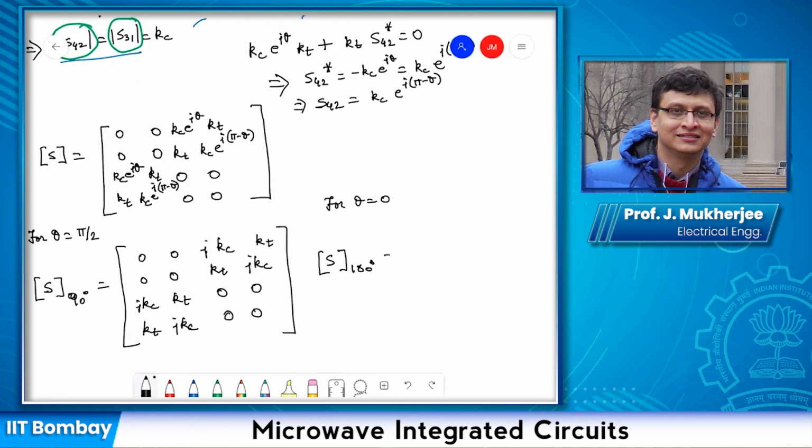And the S parameter matrix will be like this. Plus, sorry, and this is minus.